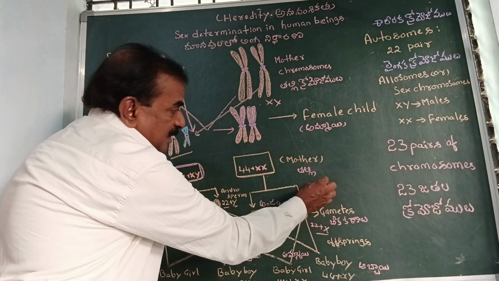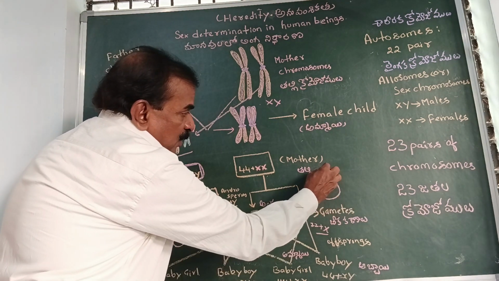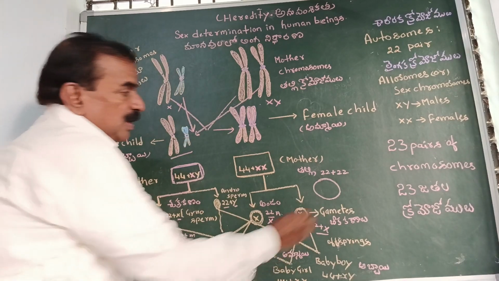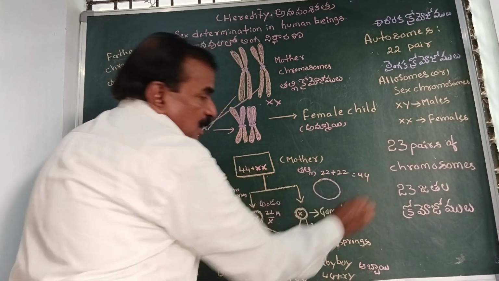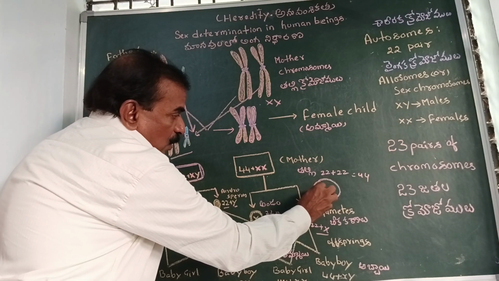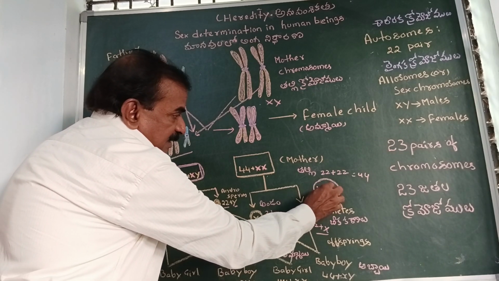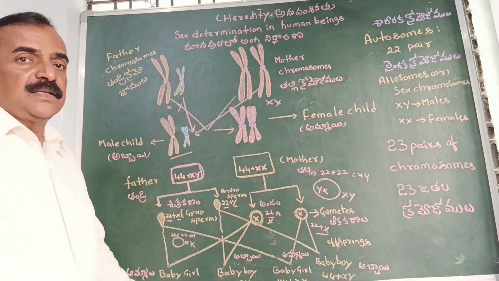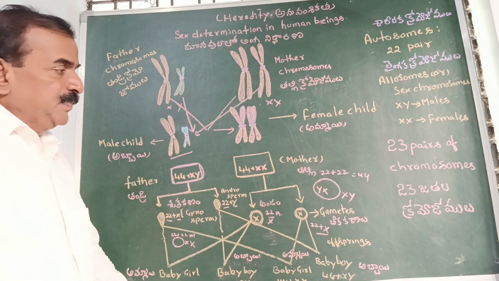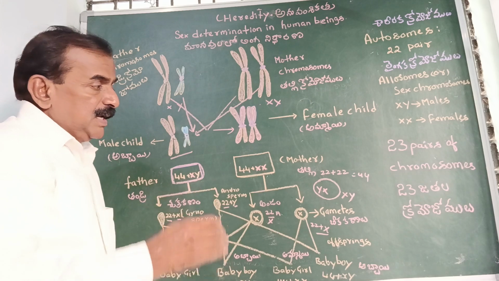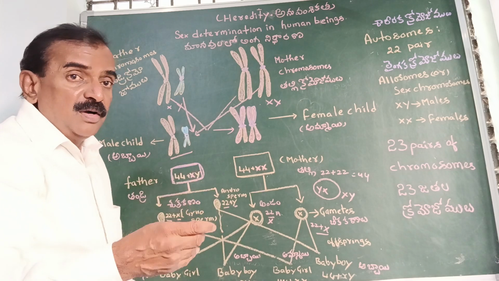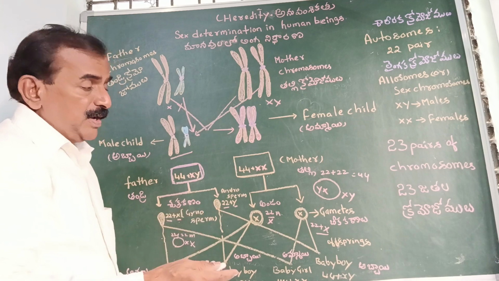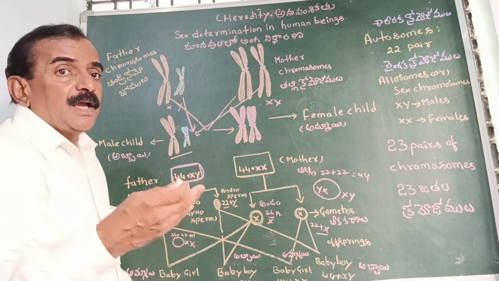When there is fertilization, it leads to the formation of a zygote with 22 autosomes from father and 22 from mother, 44 autosomes in total, and a Y chromosome from father and an X chromosome from mother, that is XY. That zygote develops into an embryo, and that embryo develops into a fetus, and the fetus is born as a baby boy. So here the sex is a male child.